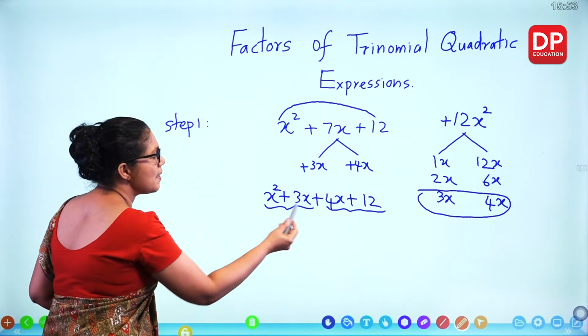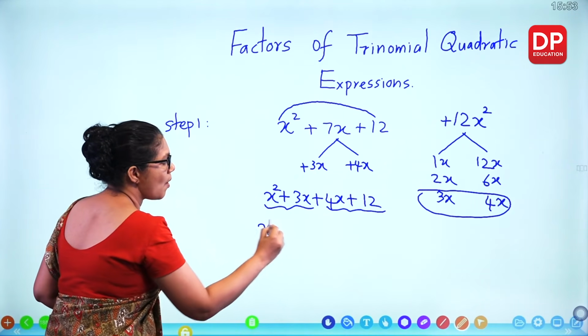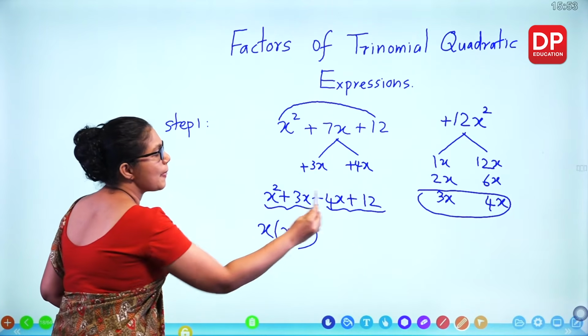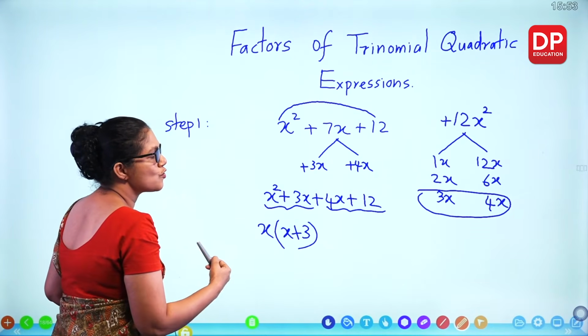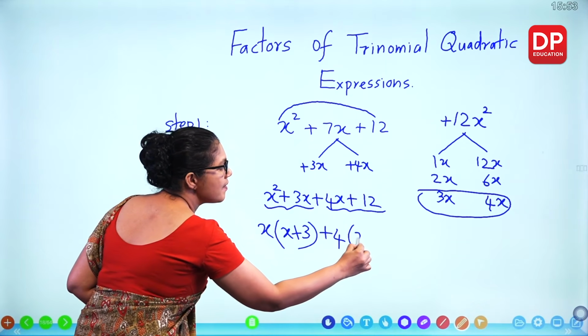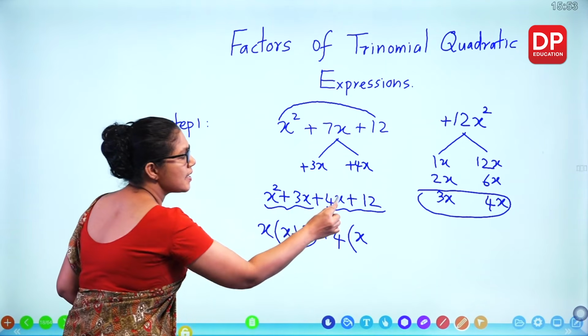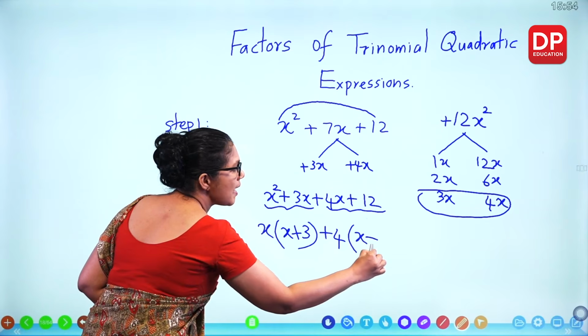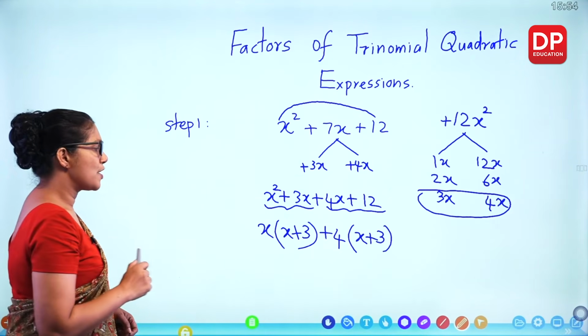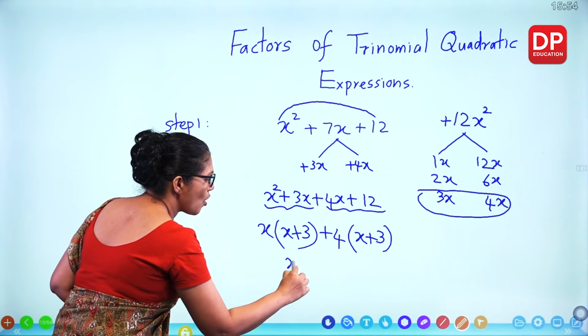What is the common term here? I can see x is common. Take it out. You can write x plus 3. What is common to both of these 2 terms? Plus 4 is common. Take it out and write down the remaining part. The remaining part is x plus 3. Now you get 2 expressions. x plus 3 is common.